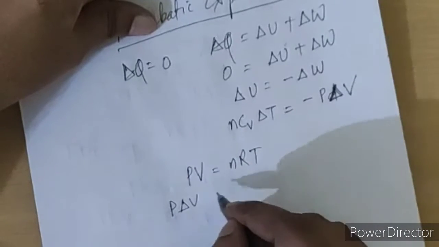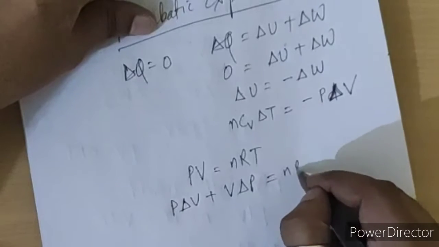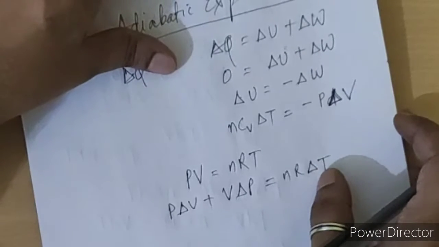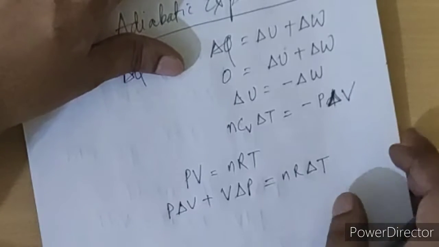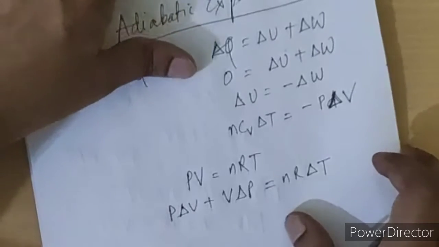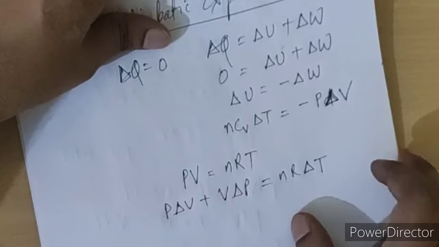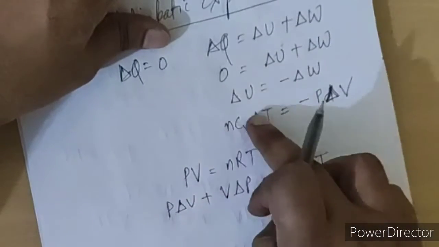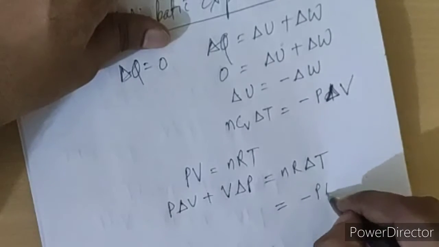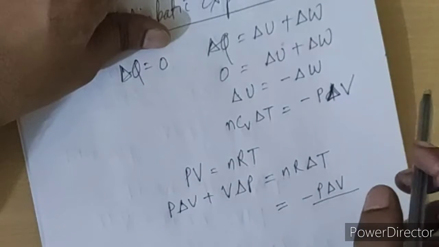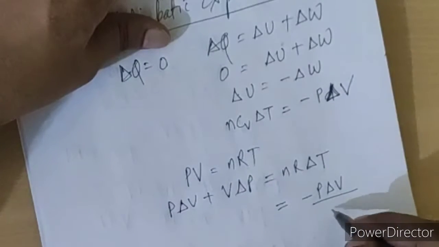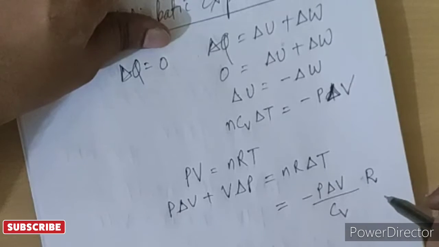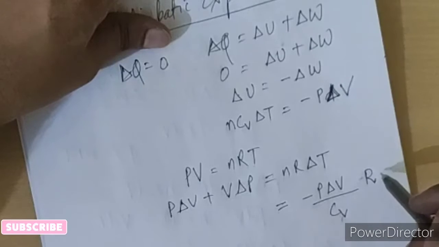So we just take P delta V plus V delta P is equal to nR delta T. And if you put the value of n delta T from here, you get minus P delta V by Cv, and we have R, right? So P delta V by Cv times R.